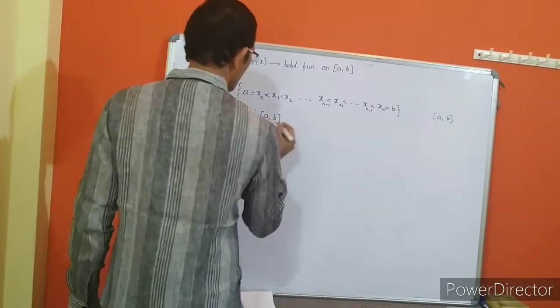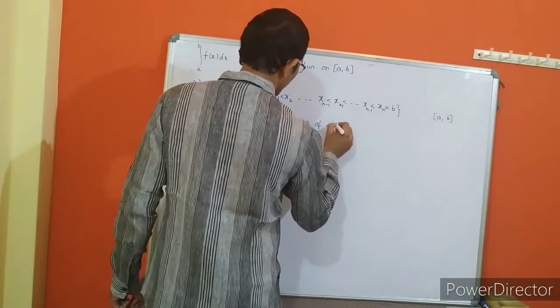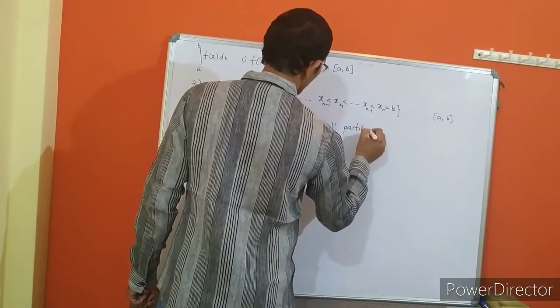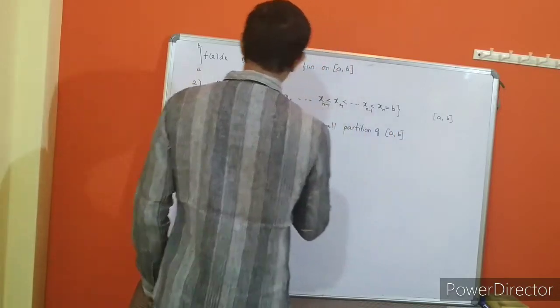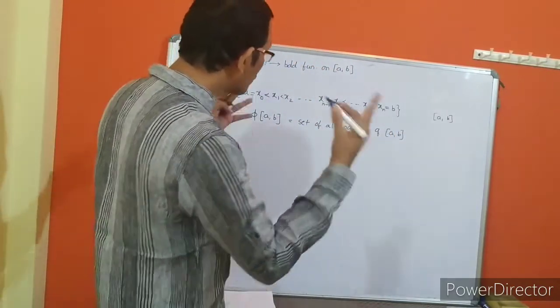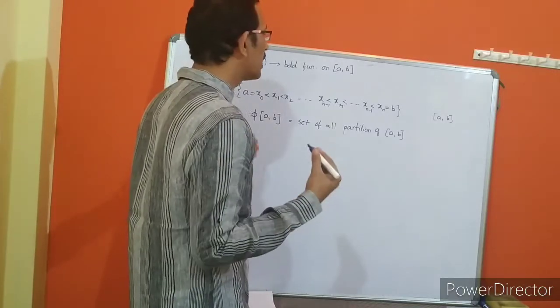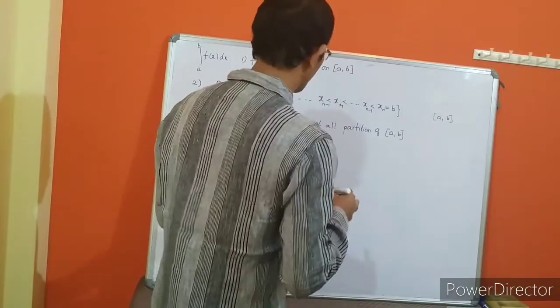That means phi of [a,b] means the set of all partitions of closed interval [a,b]. This is an infinite set, uncountably infinite set, because you can write infinitely many partitions for an interval.